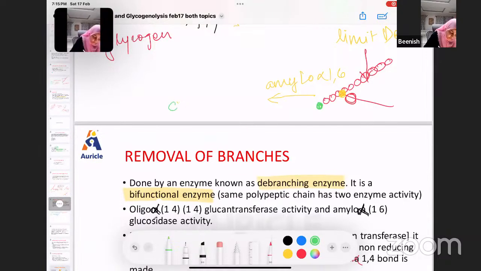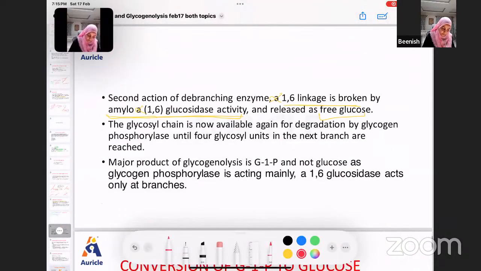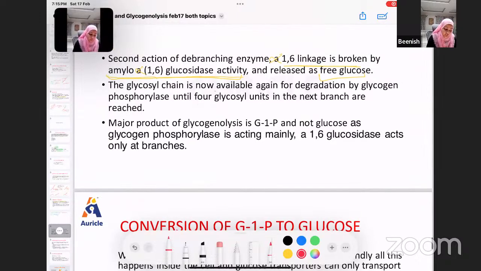So you will end up with the chain plus glucose. So the glycosyl chain is now available again for degradation by glycogen phosphorylase until 4 glycosyl units in the next branch are reached. The major product of glycogenolysis is glucose 1-phosphate and not glucose, as glycogen phosphorylase is acting mainly, and alpha 1,6 glucosidase acts only at branch points.